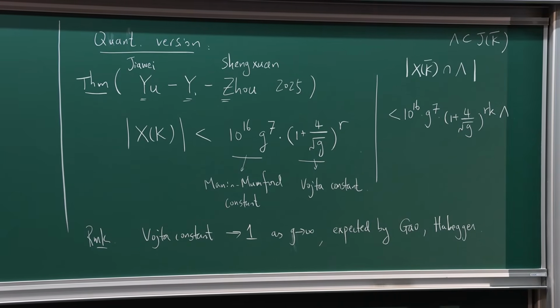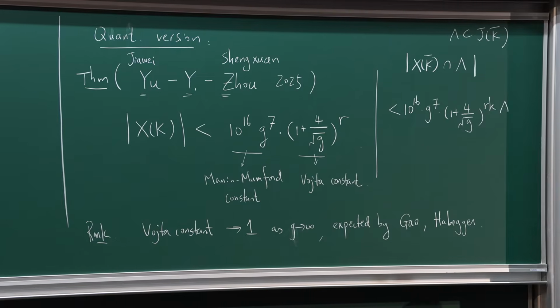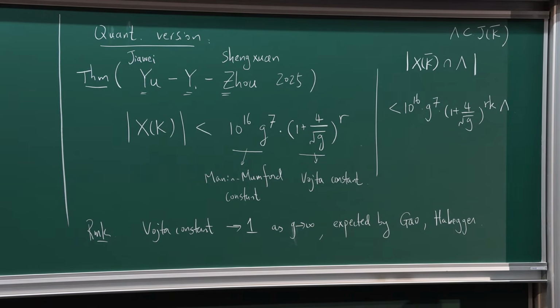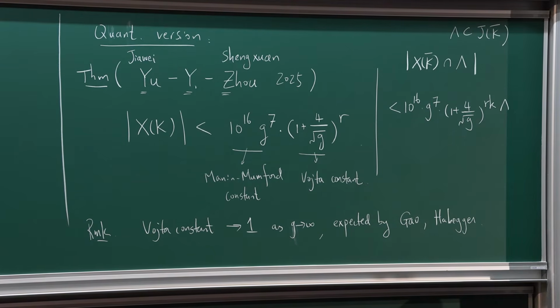Okay. So that's about the Vojta constant, the base of the exponential. And then Ziyang told me that there is a very interesting consequence of the theorem.